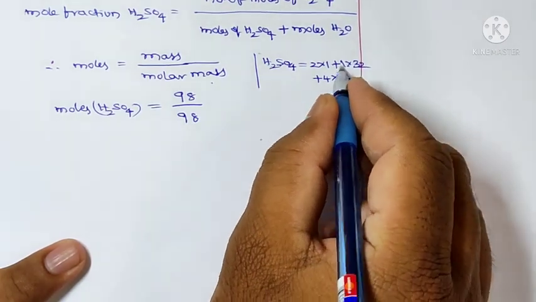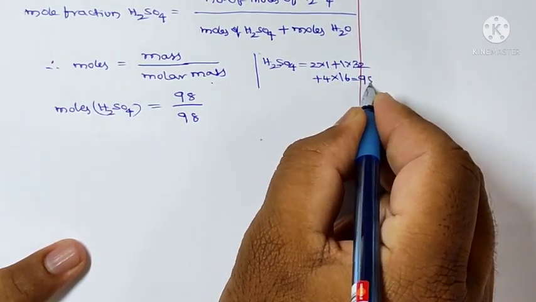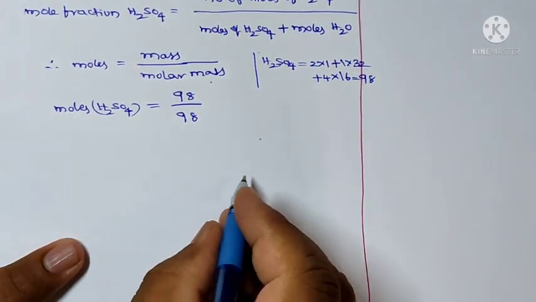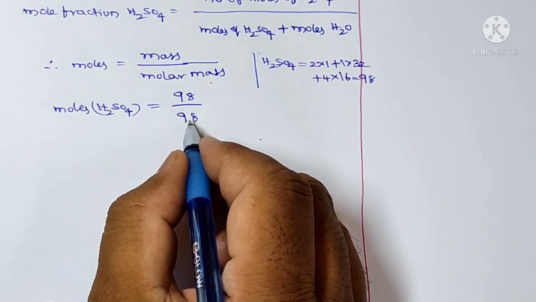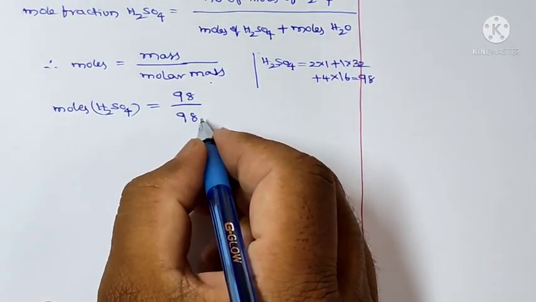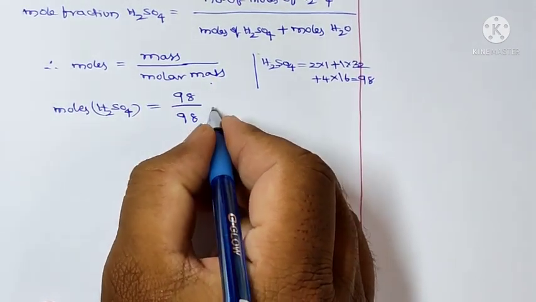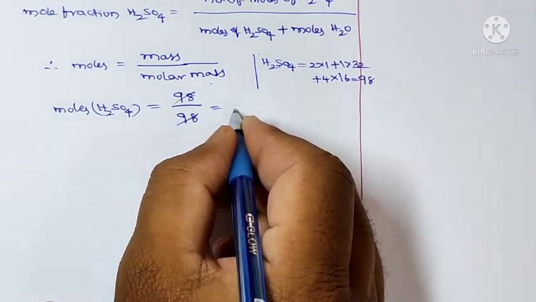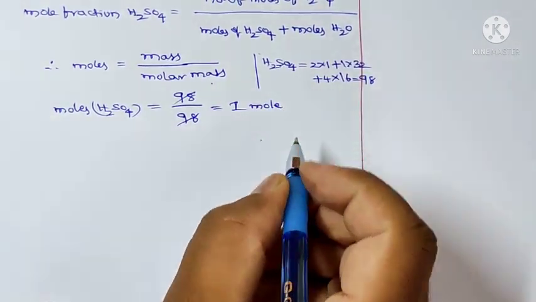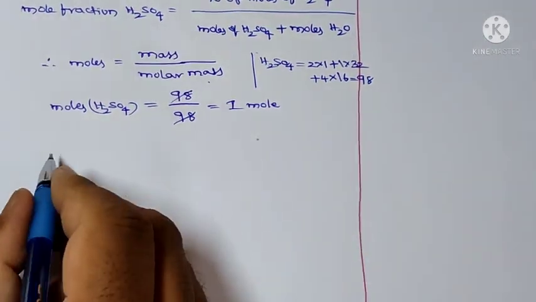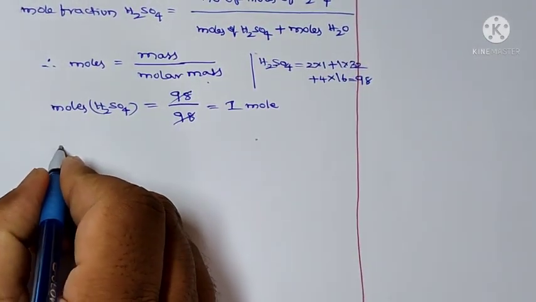If you do this calculation, we get 98 grams per mole. So 98 divided by 98 is equal to 1. So the number of moles of H2SO4 is 1.